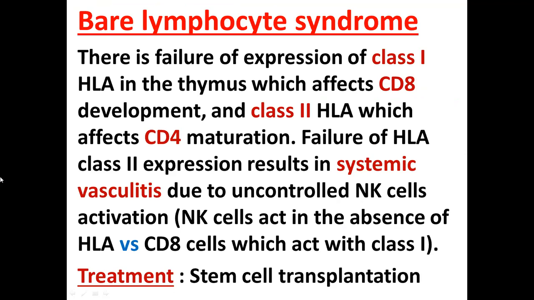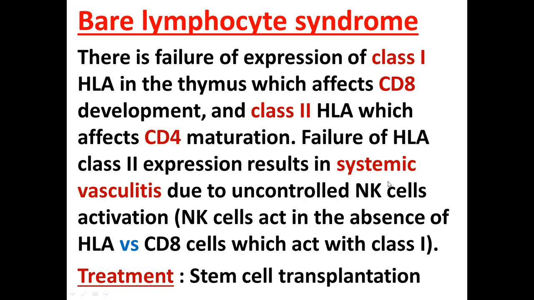Bare lymphocyte syndrome. Here there is a failure to express the HLA on the thymic cells. As you know, class 1 acts with CD8, class 2 HLA acts with CD4. So failure of HLA class 2 expression results in systemic vasculitis.